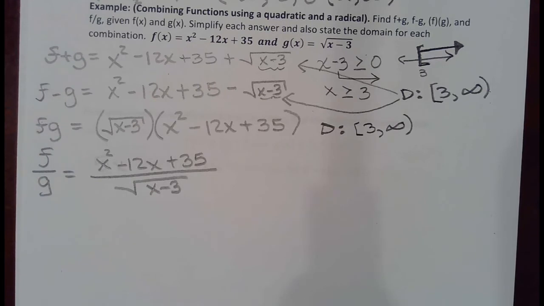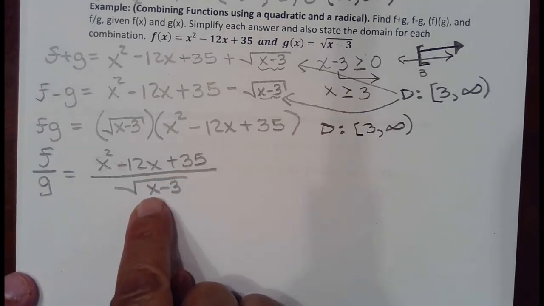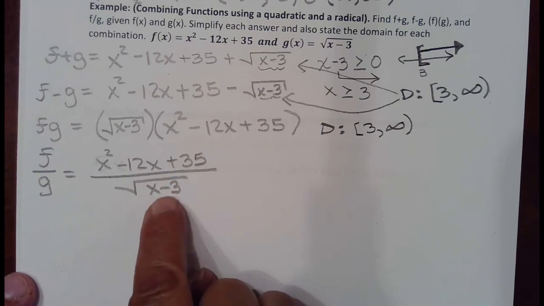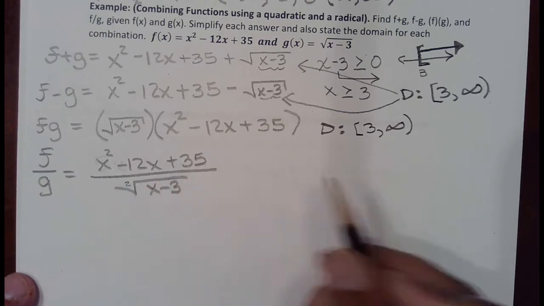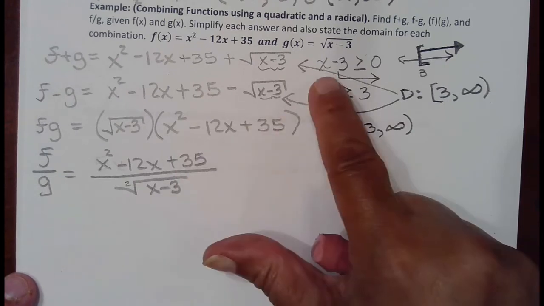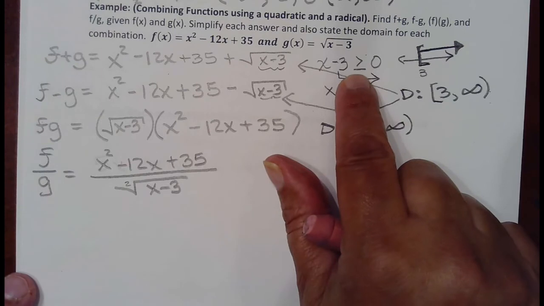And that's because the radical's in the denominator. So we have to tighten up the restriction a little bit by saying, not that x minus 3 is greater than or equal to 0, but that it is simply just greater than 0. We can't let it be equal to 0 because this is in the bottom. Otherwise, we would do it like we always do.